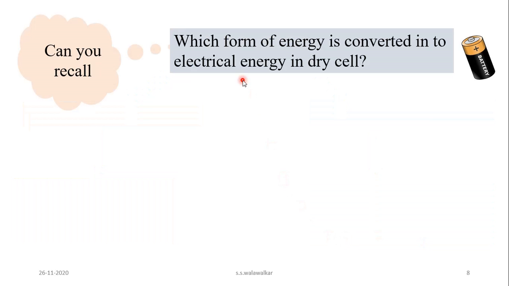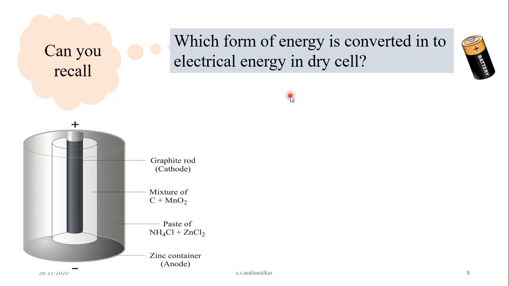So in a dry cell, which form of energy is converted into electrical energy? Here you know the internal part of a dry cell is like this. A vertical section of a dry cell is like this.